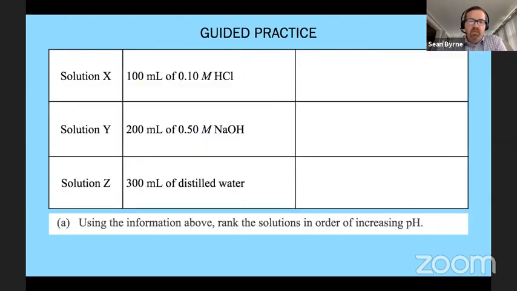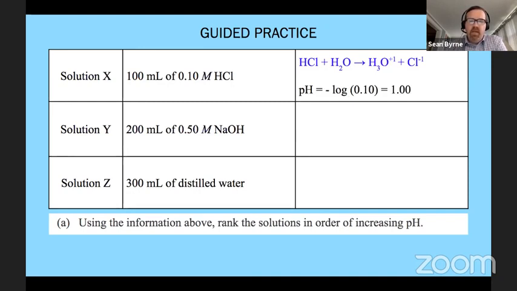So I would set up some sort of a table that looks like this. And I would want to make sure that I analyze each solution independently before I try to compare them. So for solution X, hydrochloric acid, we have hydrochloric acid as a strong acid. Ding, ding, ding. We remember that from earlier, it is reacting with water to make our hydroniums and our chlorides. Underneath the picture, you should see chloride Cl minus.